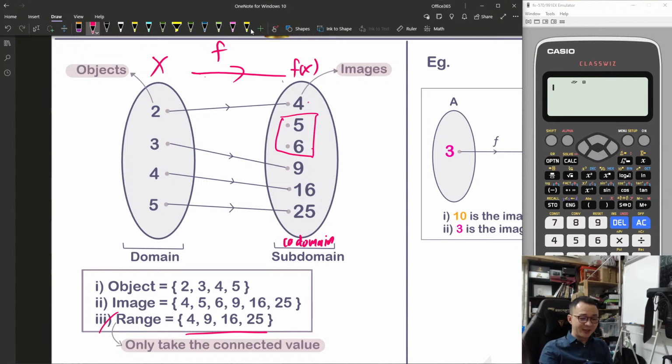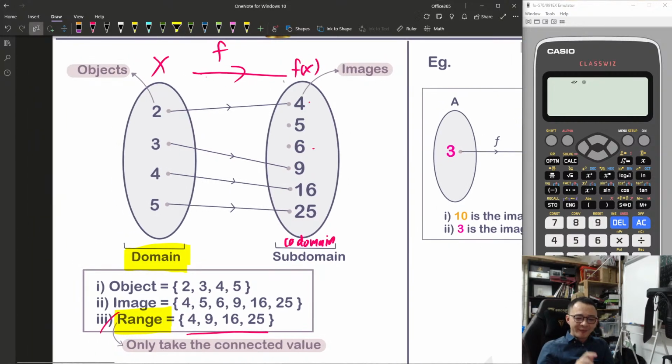But this is all the images I have. This is quite simple. But later in this topic you need to understand the meaning of domain and range. This is something in SPM I would say is very important here.